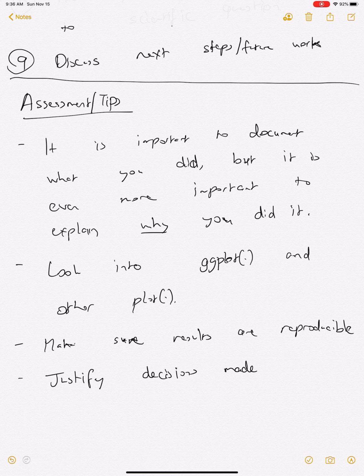Even a simple justification like, I did this because that's what I know, is still a reasonable justification, because everyone's knowledge base is different, and so that's okay. You can even say that you did this because you only had a few days, and this is all you could do in a few days. That's a reasonable justification too. So be very upfront about why you made certain decisions. And as I mentioned earlier, there are many different right answers, so it's more about justifying choices rather than having a right answer at the end of this.